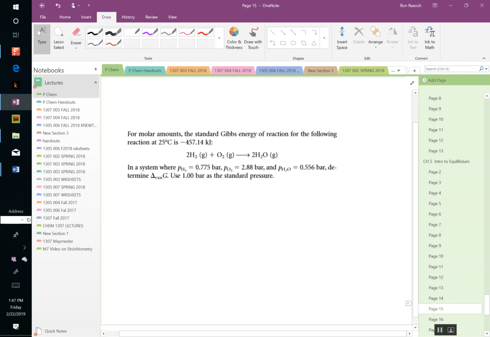All right, we're running out of time, but let's just look at this real quickly. What do you do with this complicated reaction quotient? Here's a reaction, hydrogen plus oxygen going to water. You do have two reactants, one product, all gases. Here are the pressures of these.